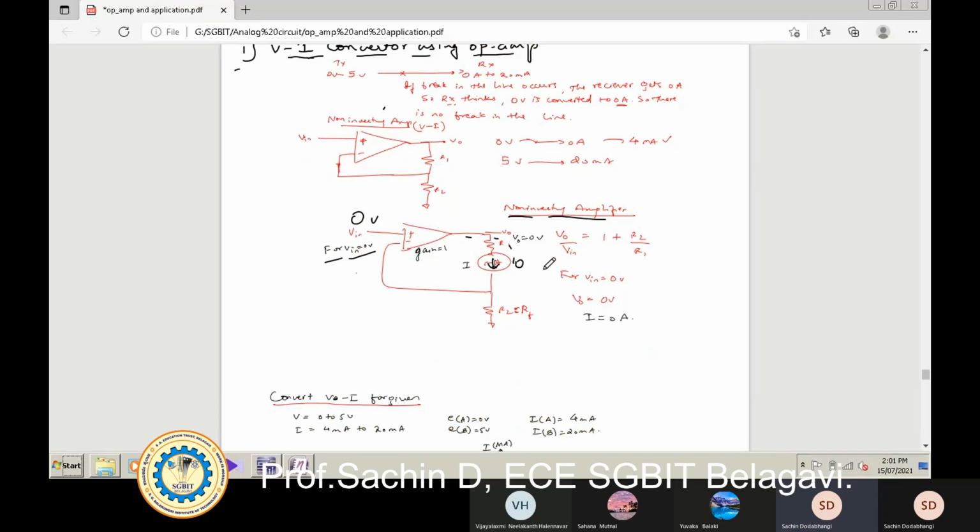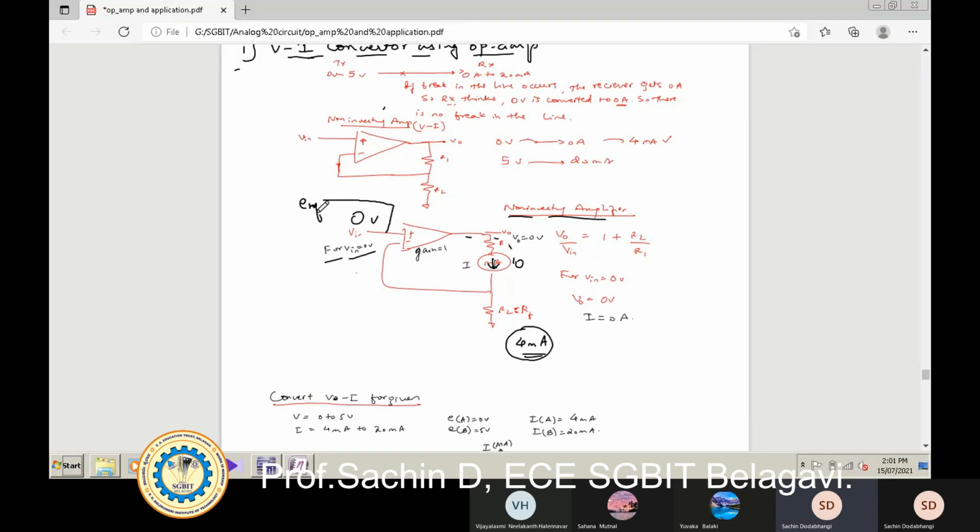But what I require is 4 milliampere, right? So where do we get this 4 milliampere? To get it, at the same input, I am connecting one more voltage, E reference.